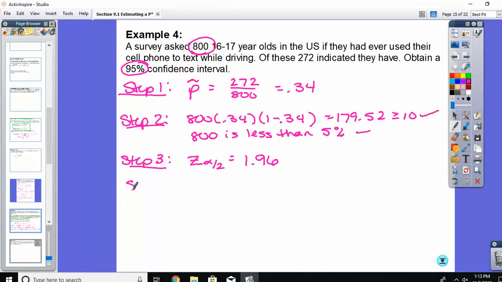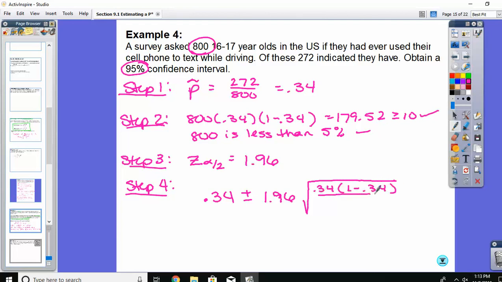So then, step 4 is the confidence interval. Your confidence interval is basically your p-hat plus and minus your z times the square root of p-hat times 1 minus p-hat over n.